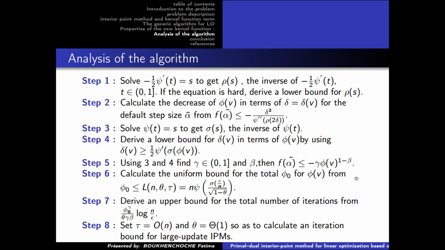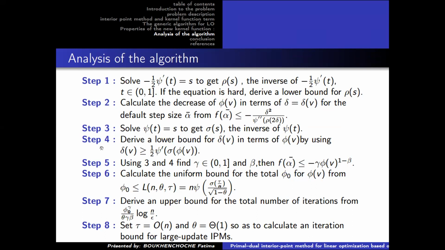Step 1 is to solve this equality to get rho of S, the inverse function of this function. Step 2, calculate the decrease of phi in terms of delta for the default step size alpha bar from this formula. Step 3, solve this equality to get delta of S, the inverse function of psi of t.